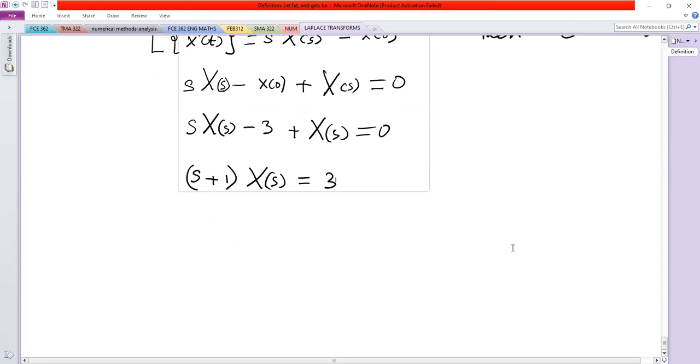Now make X(s) the subject. So this implies X(s) will be 3 over (s plus 1).